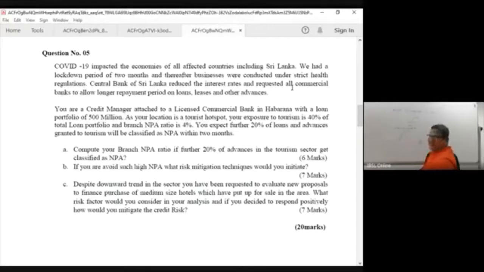But because of the situation, another 100 million out of this 200 million has come here. So about 120 out of 200 million is bad. So your tourism has been affected to a great extent, almost 60% of your facilities given to tourism has gone bad. But another 40% is performing.